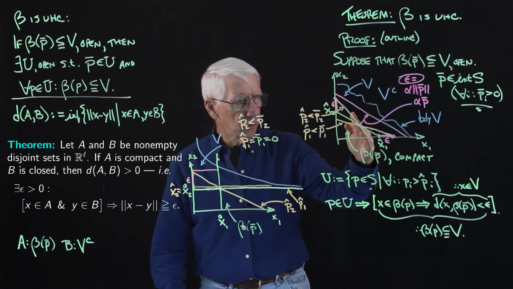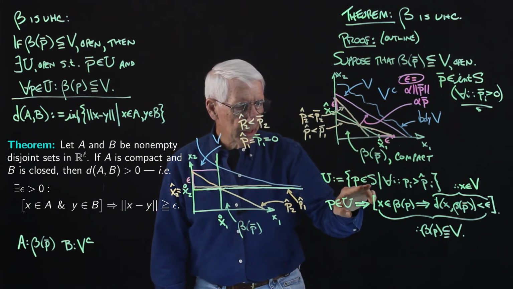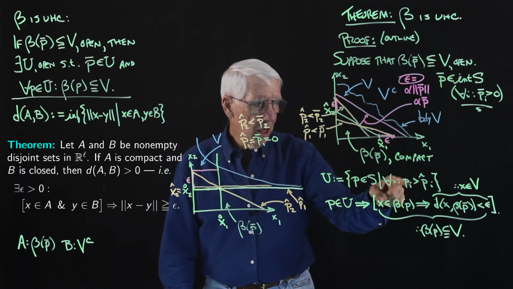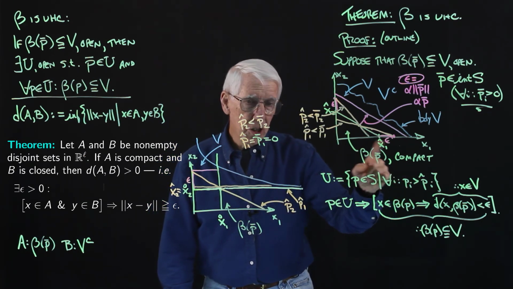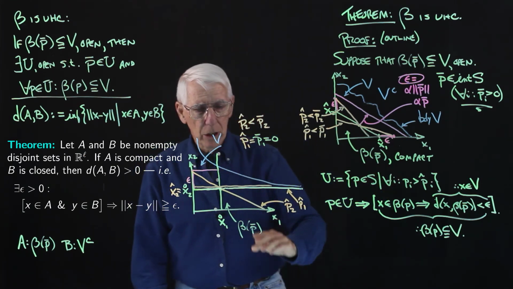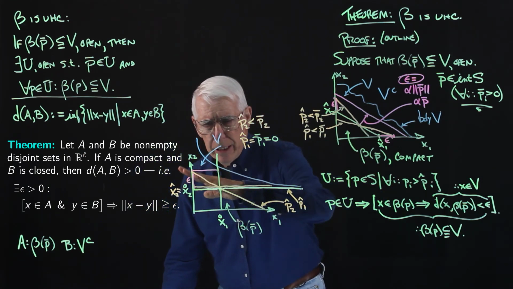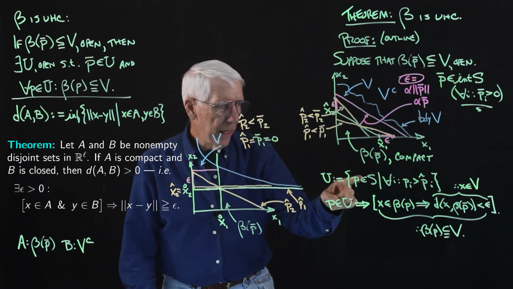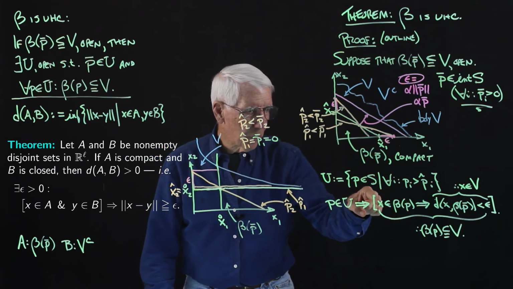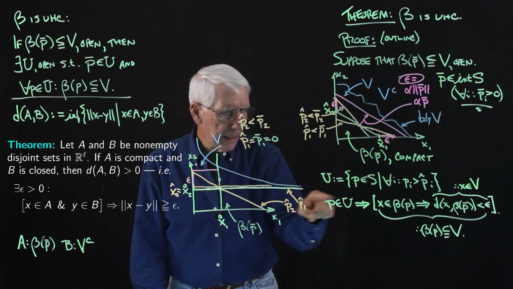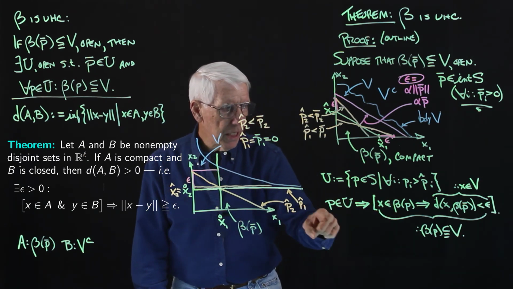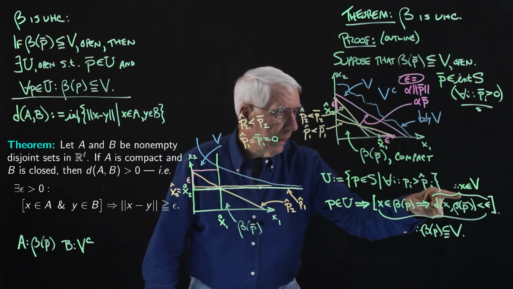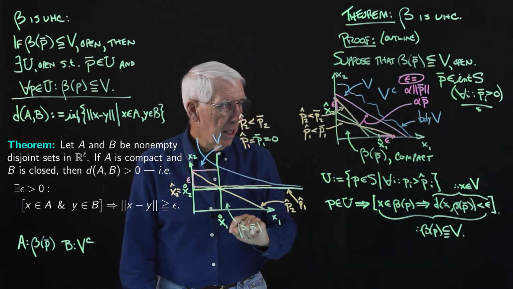And so, just like over here, we now have for any price list in the set U, where all the prices are larger than the corresponding Pi hats, a budget constraint that's in between these two orange budget constraints, just like over here. And so then it is going to be the case that for any bundle, any point in the corresponding budget set for such a price list, that point will be within epsilon of beta of P bar.